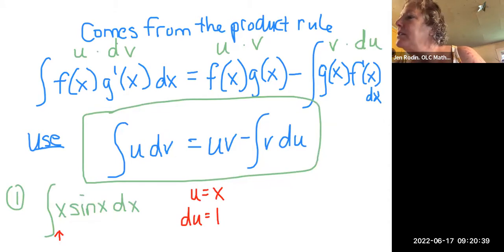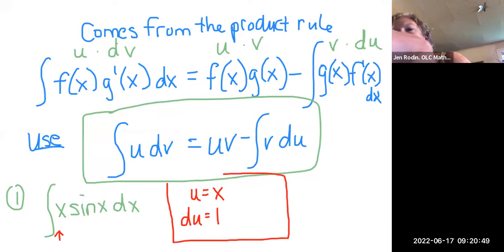So that's not going to change very much. We make a little box like the other time. Let u equal x, and then the derivative of that is what du is. And then v, we don't know what that equals yet, but dv, we could name as this piece, sine x dx.